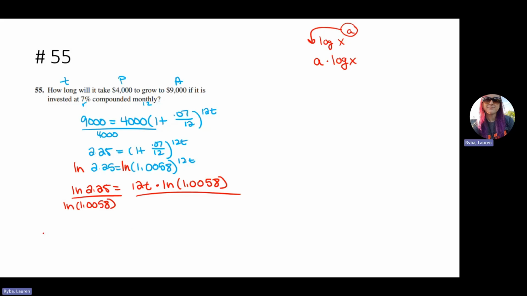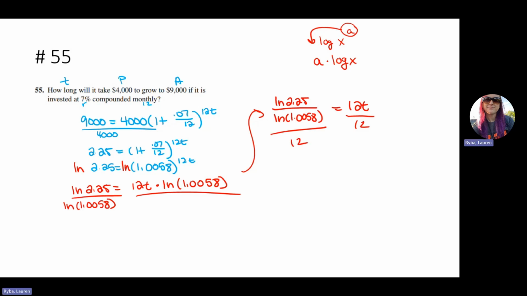I'm not going to round anything yet at this point. I'll type it all in my calculator when I'm done here. So natural log of 2.25 divided by the natural log of 1.0058 equals 12t, which means that if we want to find t, then I'm going to take this answer and divide it by 12.